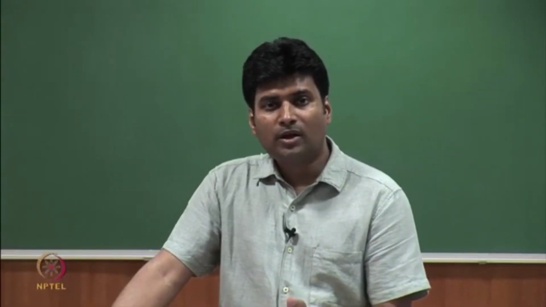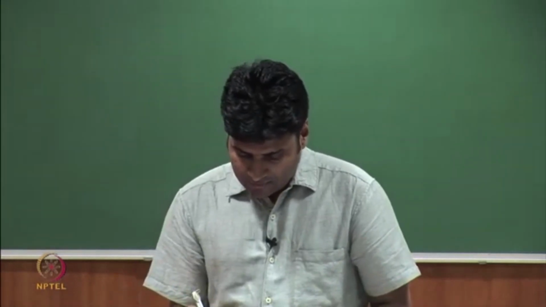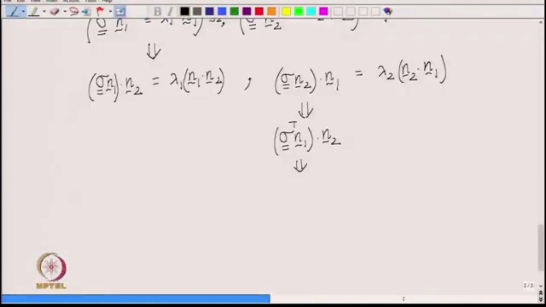So, transpose of sigma is same as sigma. So, this is basically same as sigma n1 dot with n2, and that has to be equal to lambda 2 n2 dot n1.